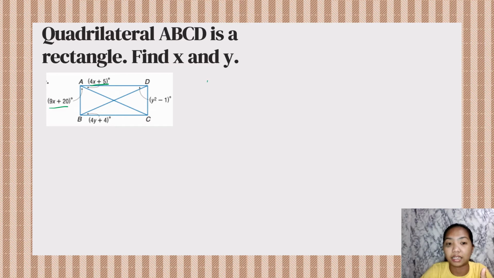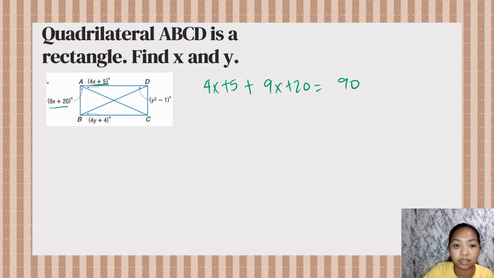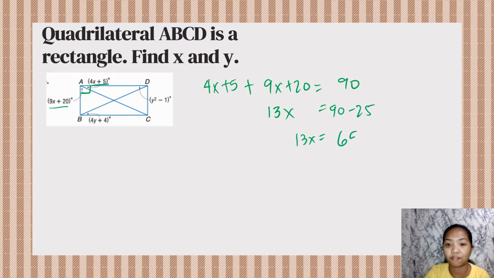So if we add DAC, which is 4x plus 5, and angle CAB, 9x plus 20, it should equal 90 degrees, because a rectangle has all of its angles equal to 90. By simplifying, we have 13x plus 25 equals 90. So 90 minus 25, 13x is equal to 65, and our x is equal to 5.